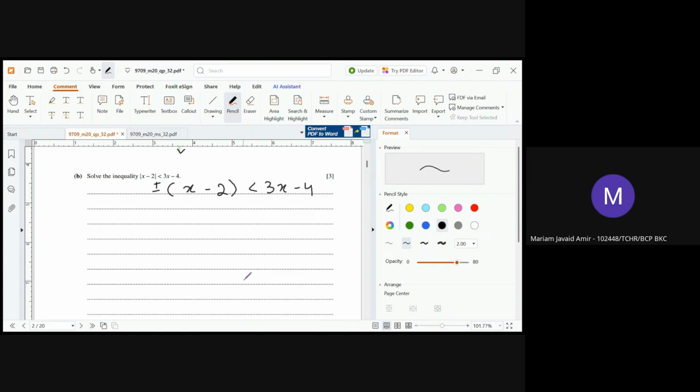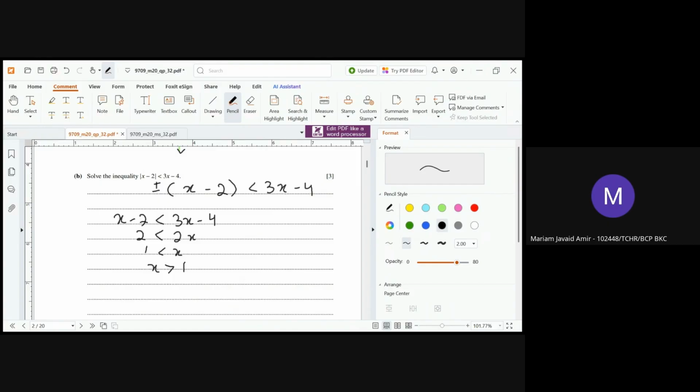So we'll do x minus 2 less than 3x minus 4. Let's solve this one first. We'll have 2x on one side, 2 on the other side, and then we have 1 is less than x, which I'll rewrite as x greater than 1, because conventionally you're supposed to have the variable on the left-hand side.